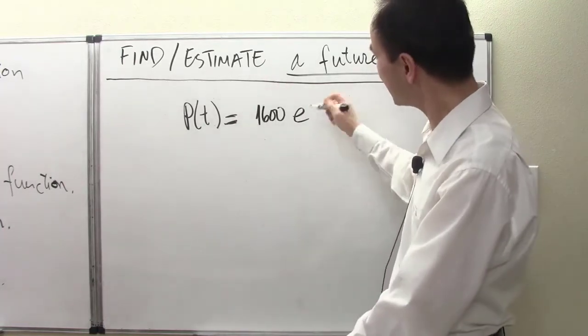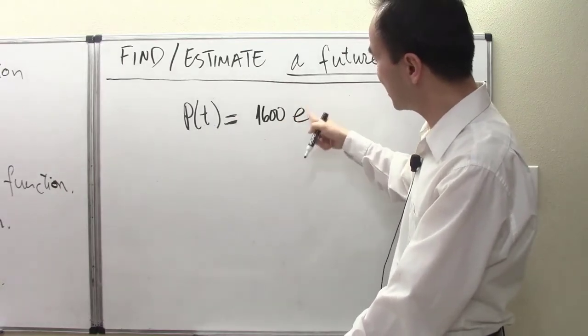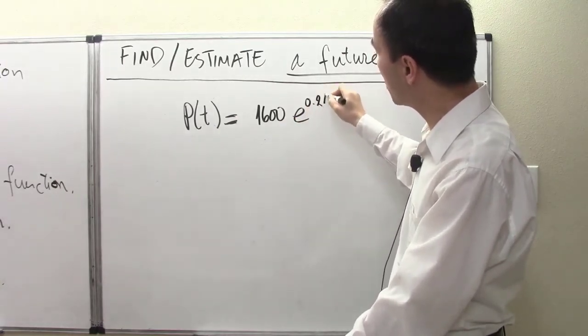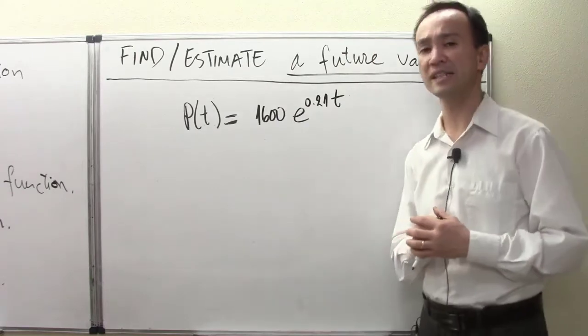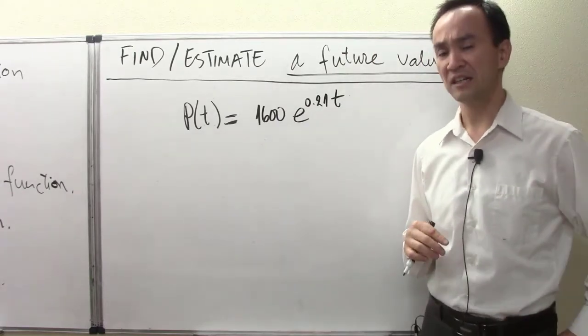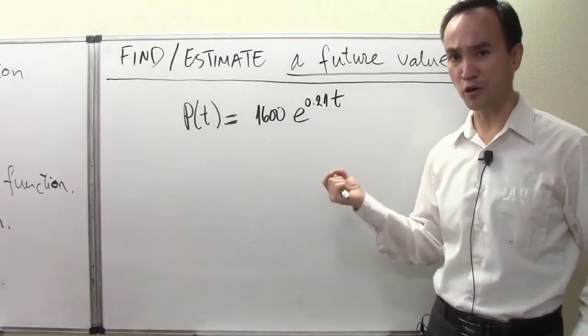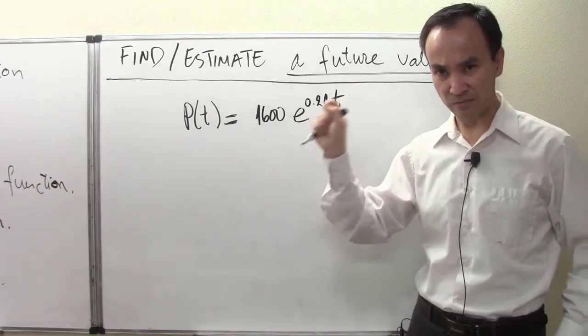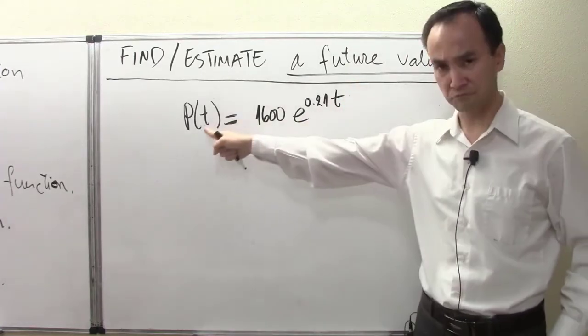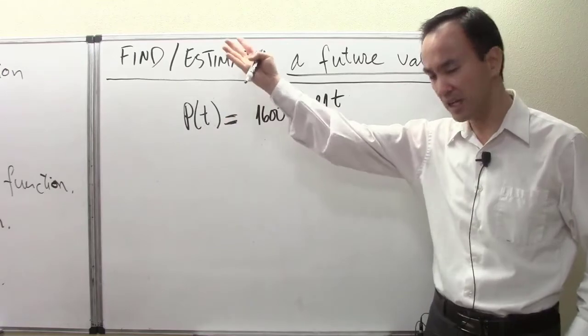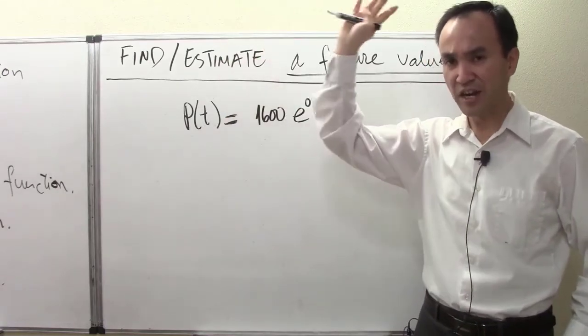Okay, and now 1600 times e to the 0.21t. So that's clearly an exponential function that models the size of the population over some t years, at any t years after some initial amount at start.